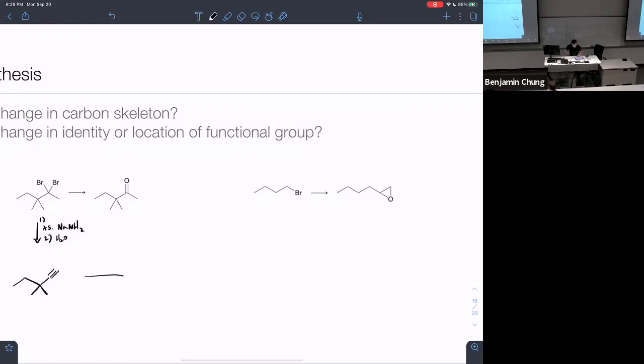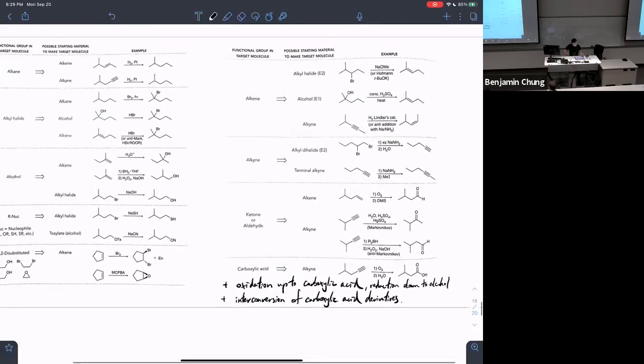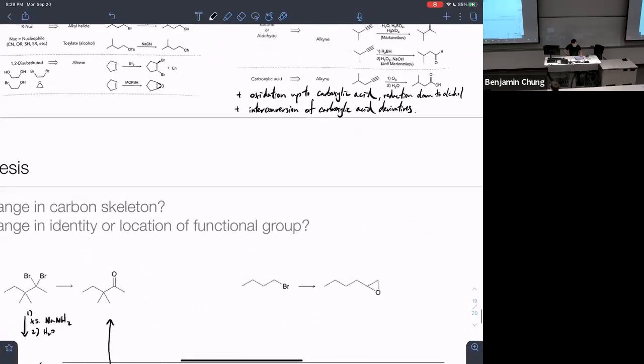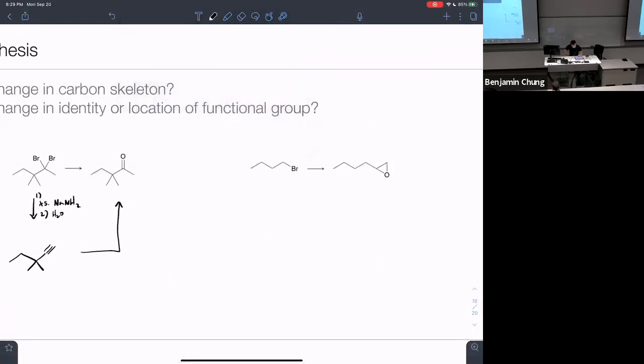And then we can go directly to the ketone from an alkyne, shown here. This is just the acid catalyzed hydration of alkynes. And the conditions for that, I would expect you to memorize.